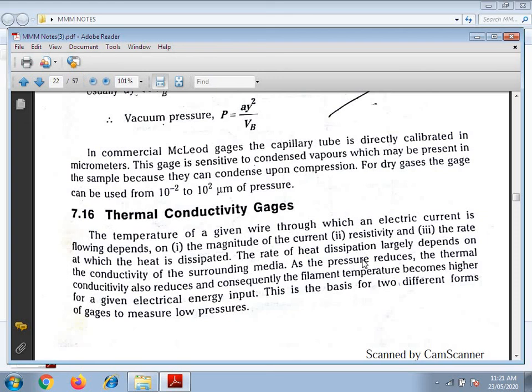The rate of heat dissipated largely depends on the conductivity of the surrounding media. As the pressure reduces, the thermal conductivity also reduces, and consequently the filament temperature becomes higher for a given electrical energy input. This is the basis for two different forms of gauges to measure low pressures.